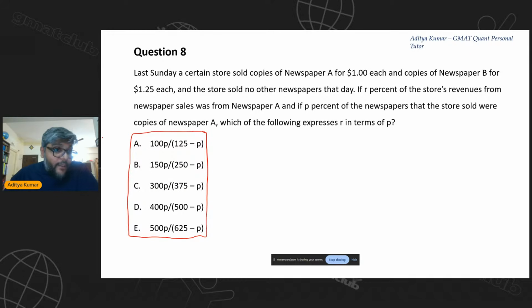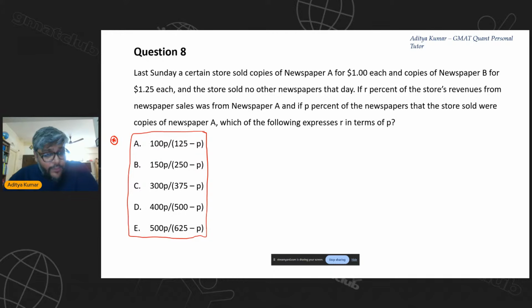Whenever you see variables in the answer choices, it opens up the opportunity for you to pick values and work. And on top of that, this is also a percentage based question. So using 100 in a smart way would also be a good process of working, right?